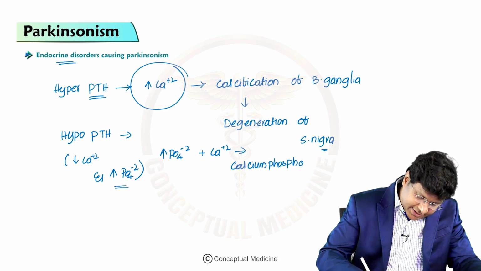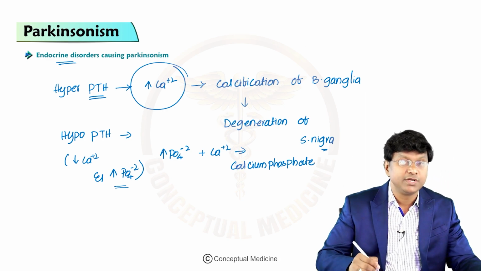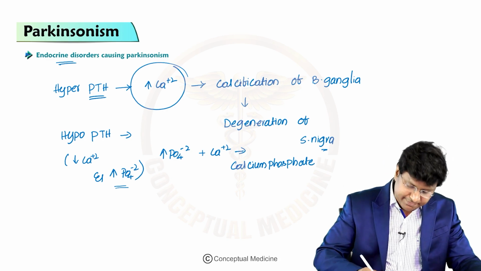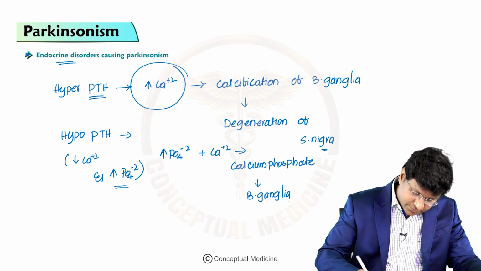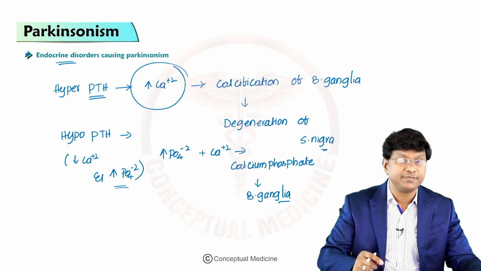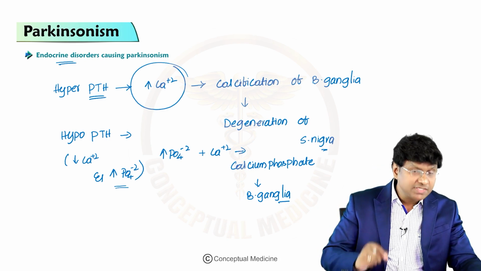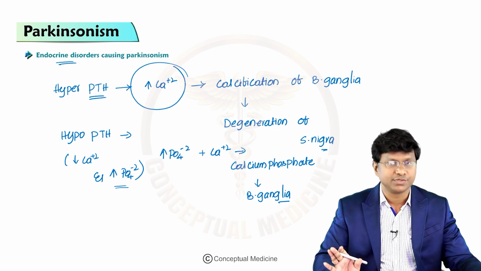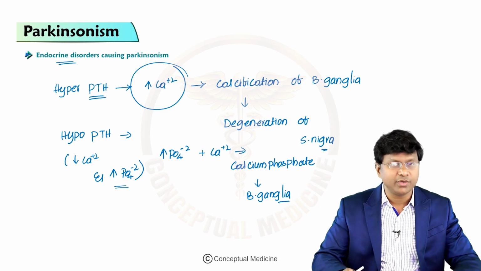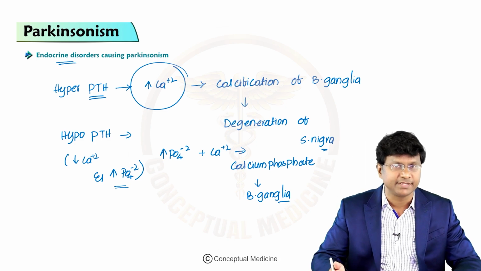And this particular calcium phosphate will go and get deposited within the basal ganglia, causing Parkinsonism. So these are the endocrine disorders which will cause Parkinsonism.